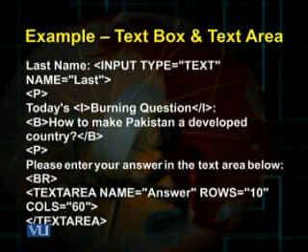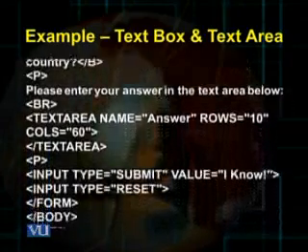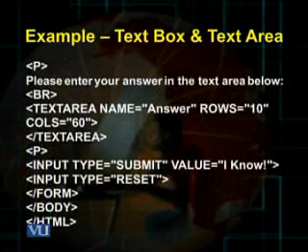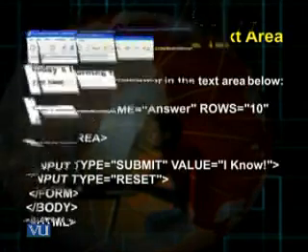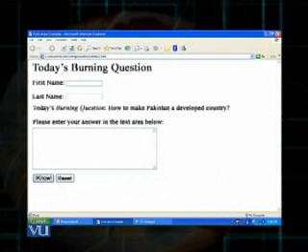Cols equal 60, that would determine column-wise the size of this rectangle. And then I close the textarea tag, again a paragraph tag, to create the two buttons submit and reset. Again I use two input tags, input type submit, value I know, input type reset, form closed, body closed, HTML closed, and you have just seen the result that it would create two text boxes and a bigger text area for answer purposes.